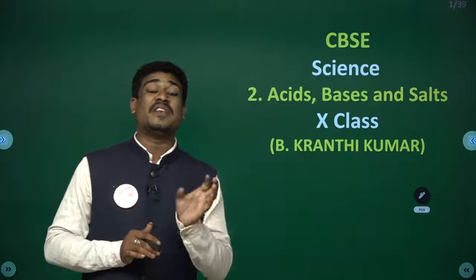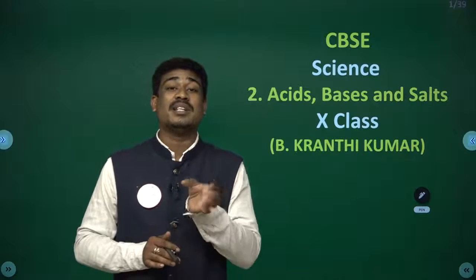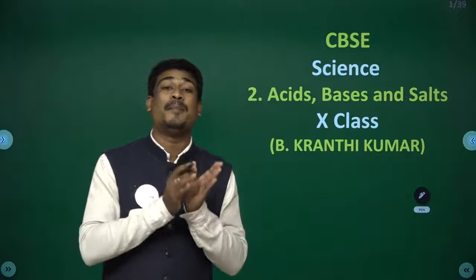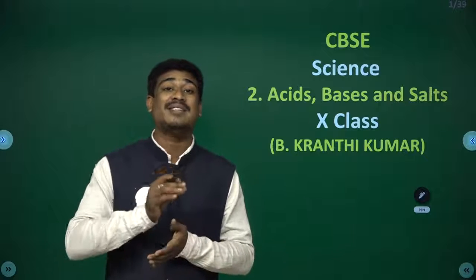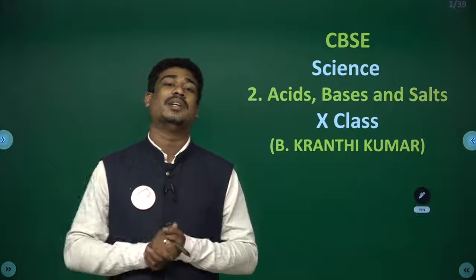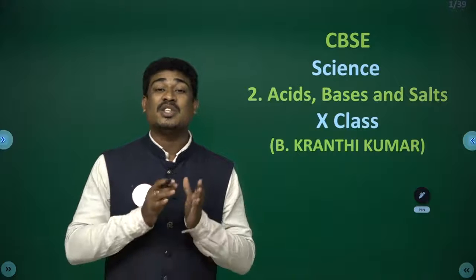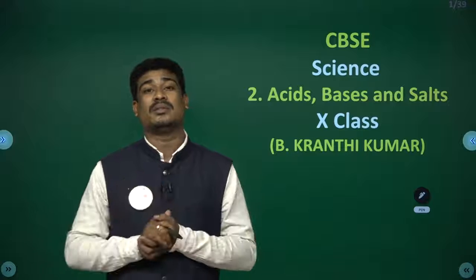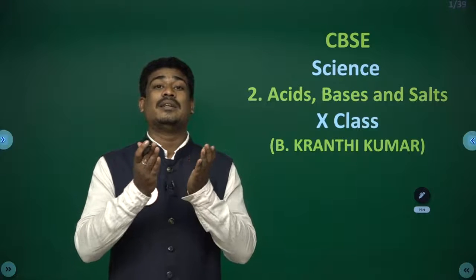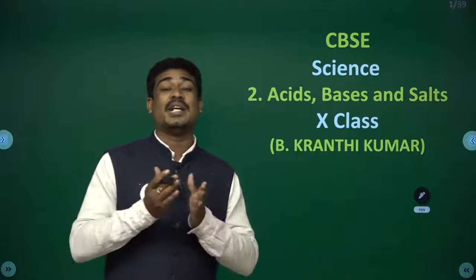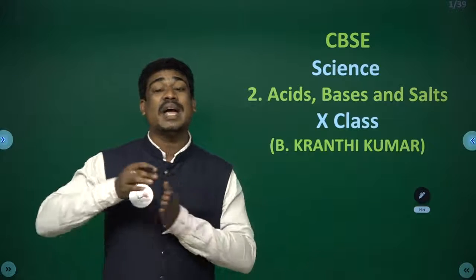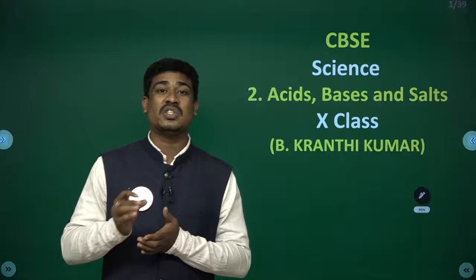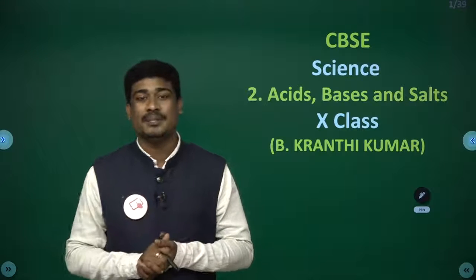So if a person is suffering from acidity, he should take a base, which is the best solution to neutralize the excess acidity. So he should take baking soda solution. Even acidity remedies like ENO have baking soda, which neutralizes the excess acidity.